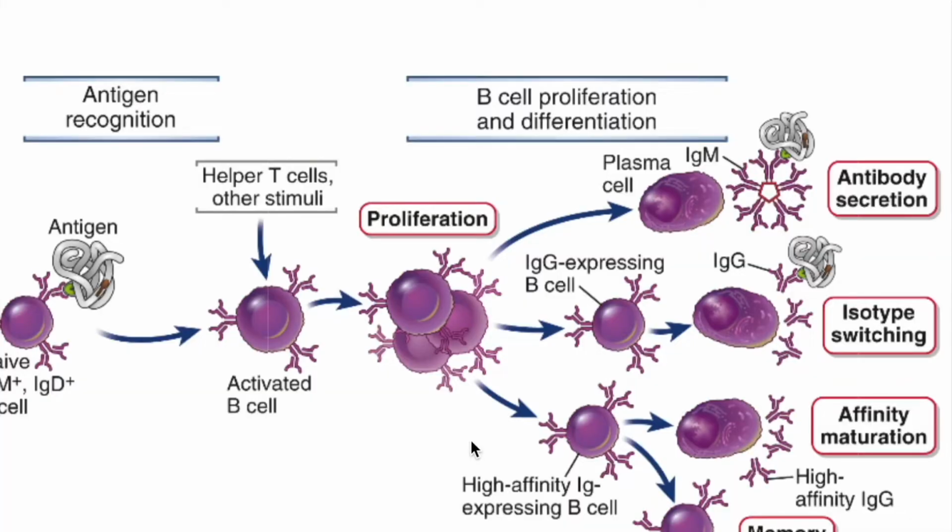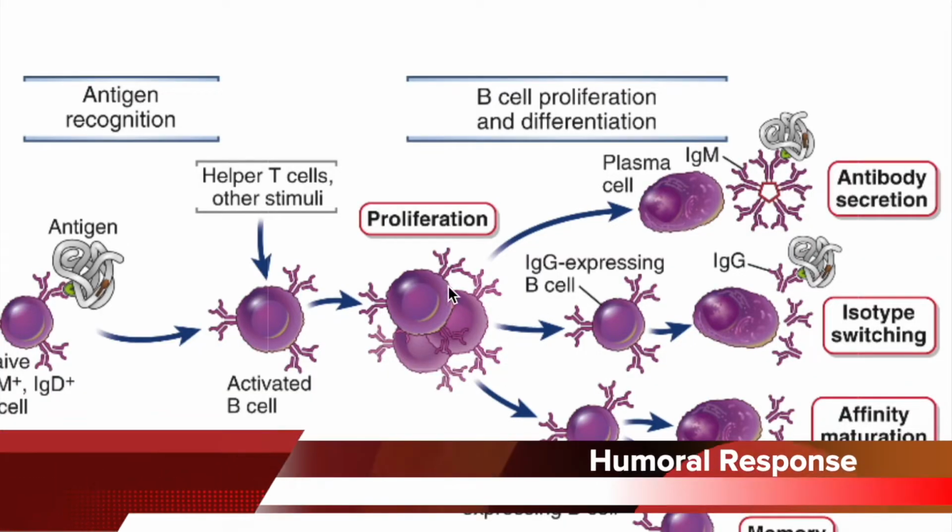When they are naive, the antibodies are just expressed on the surface of these cells, right? But when they are introduced and activated to a particular antigen, to fight a particular antigen, they drop into the circulation and they are transformed into plasmablasts or plasma cells. So now they are secreting a lot of antibodies.